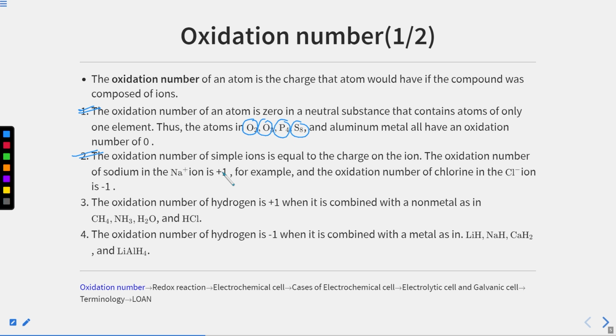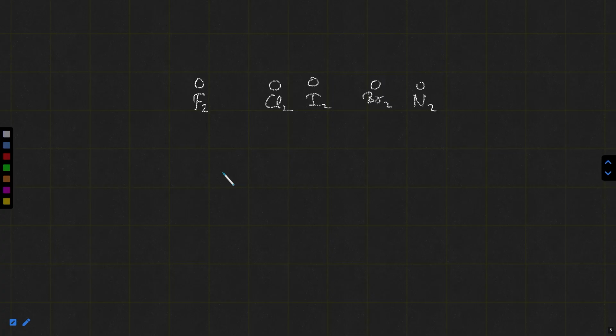Here NaCl is composed of ions which are Na+ and Cl-. So the oxidation number of sodium will be +1 and the oxidation number of chlorine will be -1. Is it clear? It is an ionic compound composed of two ions, Na+ and Cl-.